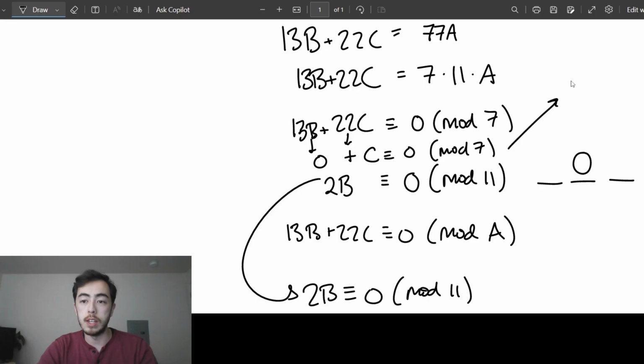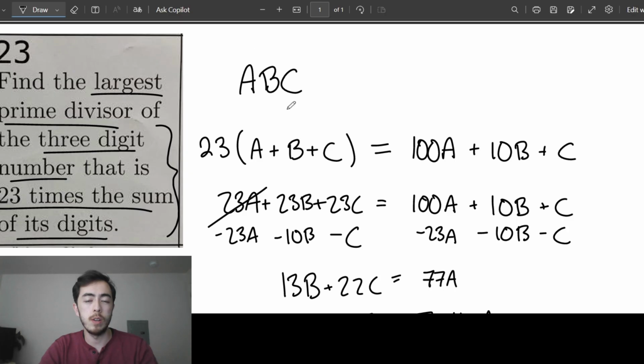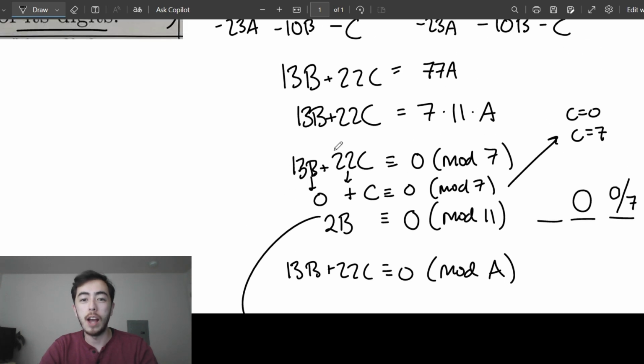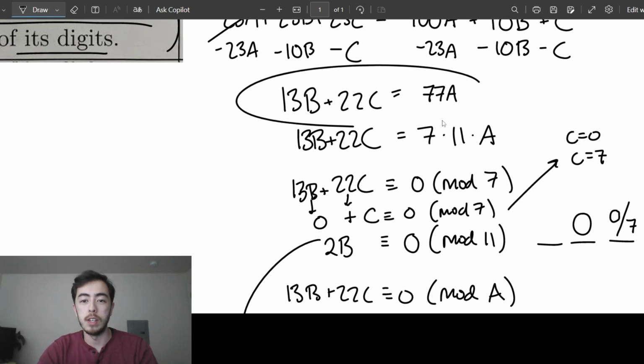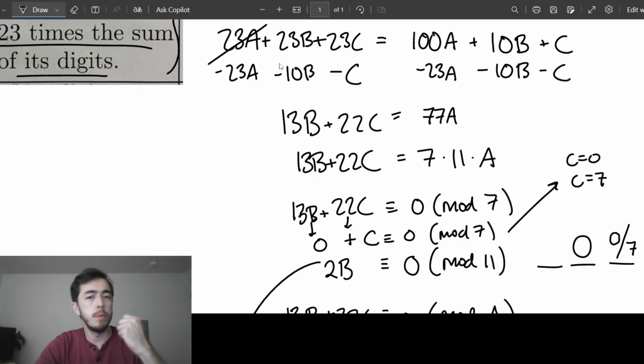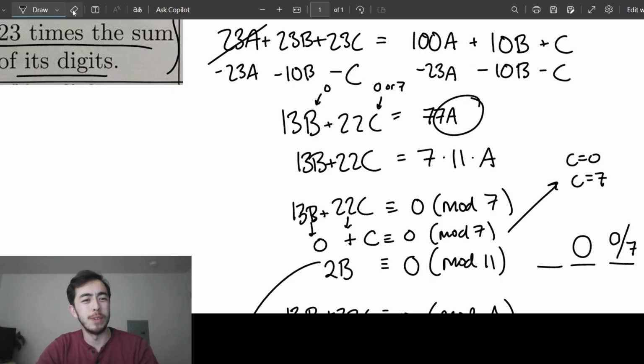Maybe c is 0, maybe c is 7, and c is our ones digit, so I'm still not sure if we should pick 0 or 7 just yet. I guess we could double check and see what happens here. Because if we now go back out of modular arithmetic, armed with the knowledge that b must be 0, and c could be either 0 or 7, now I'm noticing that if they're both 0, then a would have to be 0.